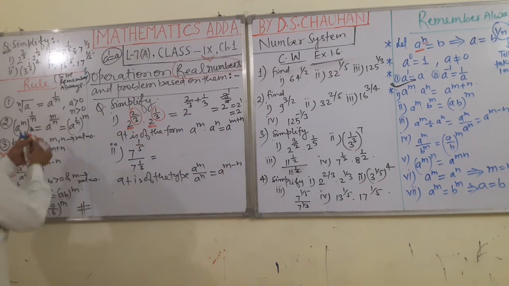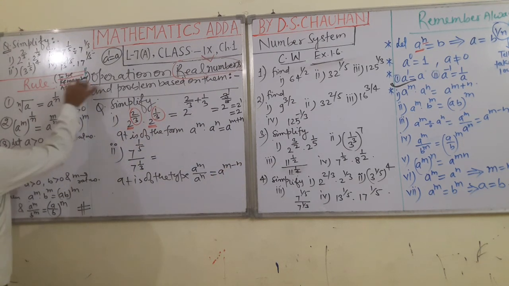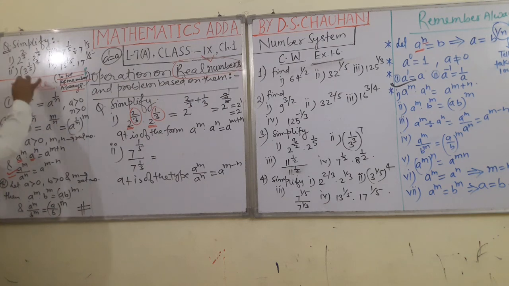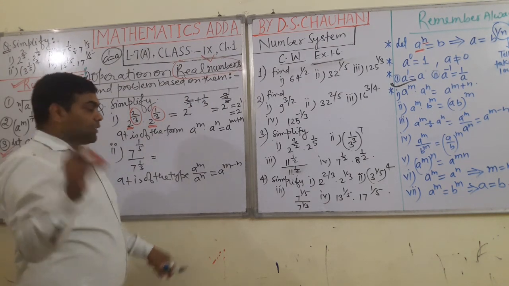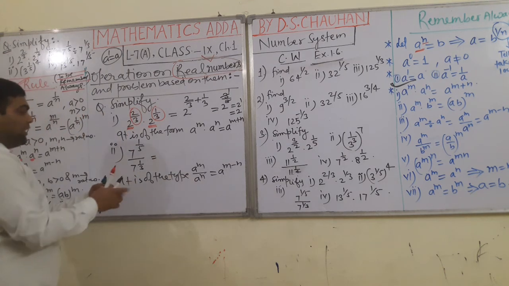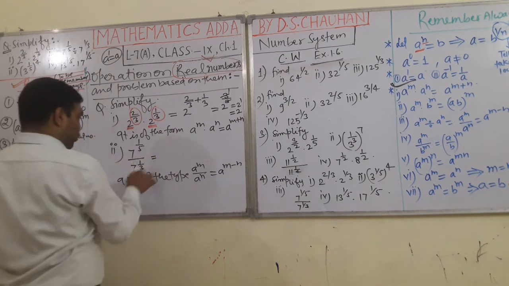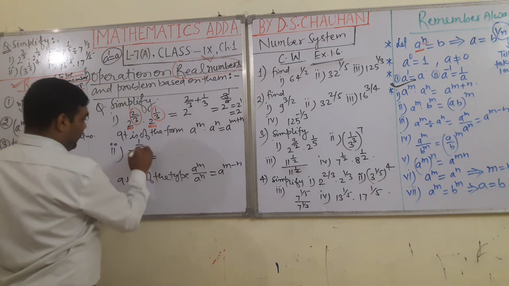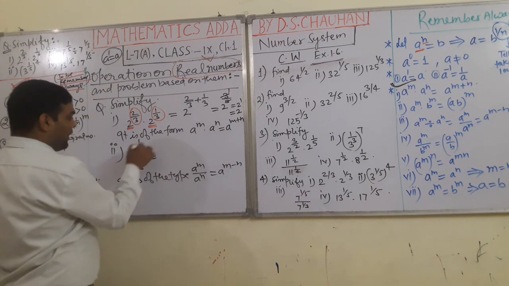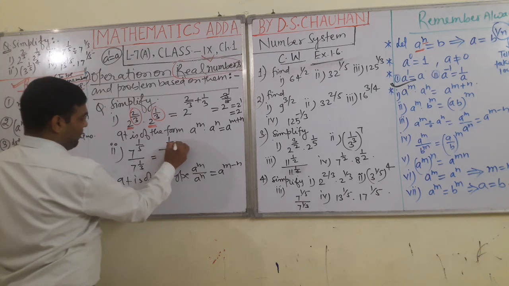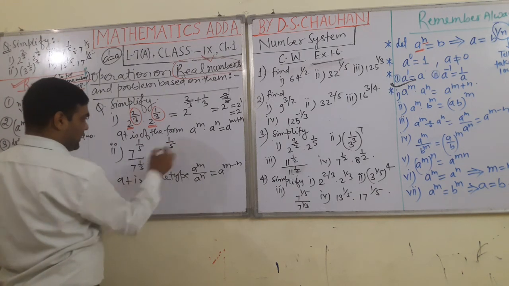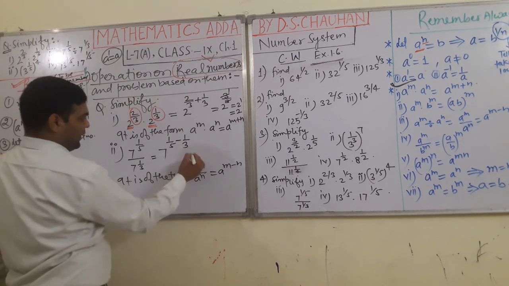Here, students, I have written that these rules or formulas you have to remember always. By keeping these formulas in mind, you can solve these problems easily. Over the same base, there will be subtraction of the powers in case of division. So we write 7 raised to 1 by 5 minus 1 by 3.